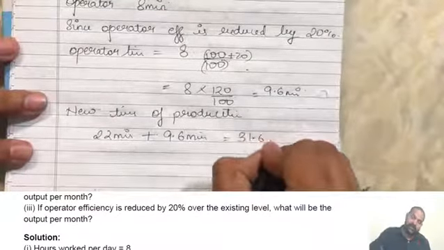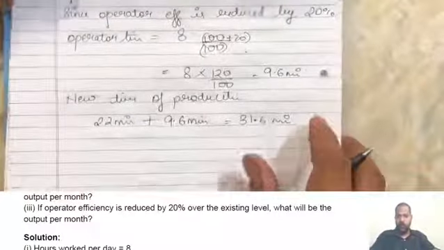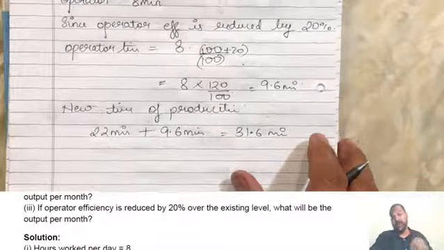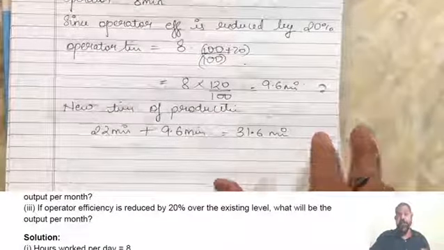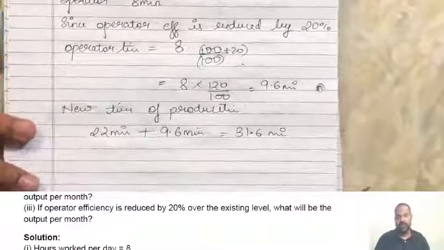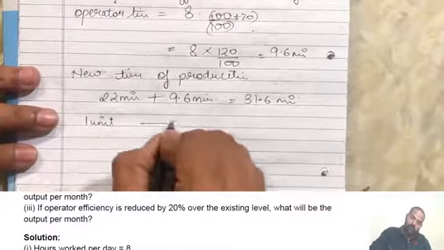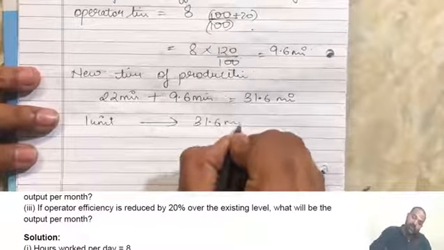Now obviously without any change I was making 400. When you increase the operator efficiency, the machine efficiency, I was giving you more output. Now if you reduce the man efficiency, I will give you less than 400. How much? 1 unit takes 31.6 minutes.